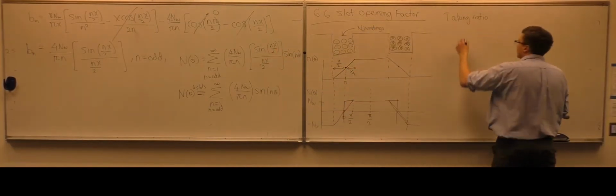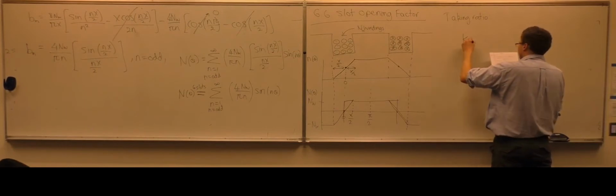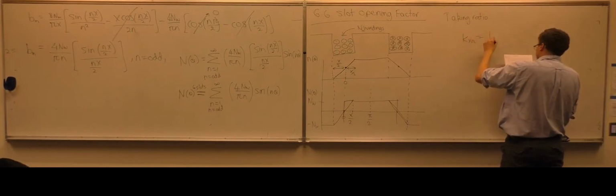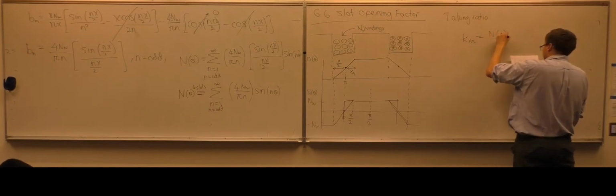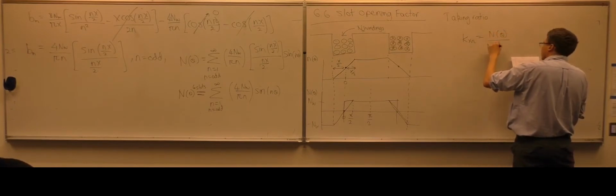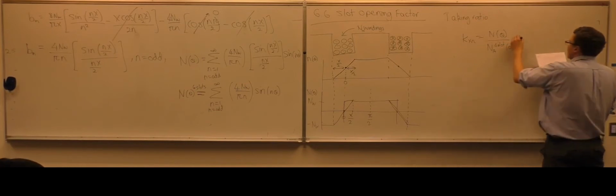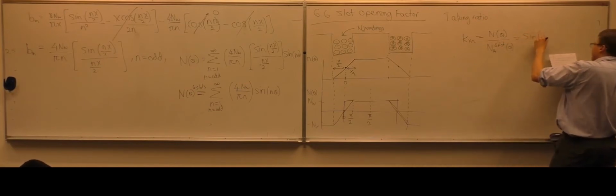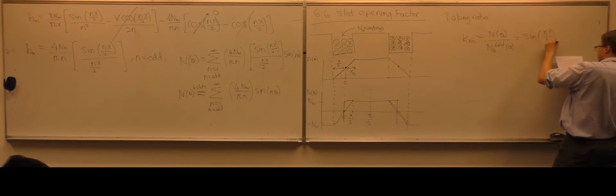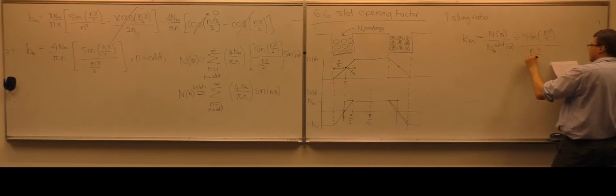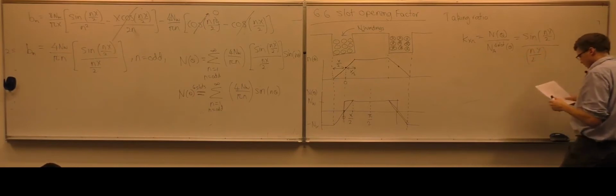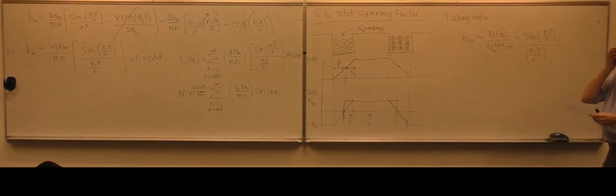So we can then define a slot opening factor as the difference, which is sine nx over 2 divided by nx over 2, where x is the slot opening size. Any questions? Does that make sense?